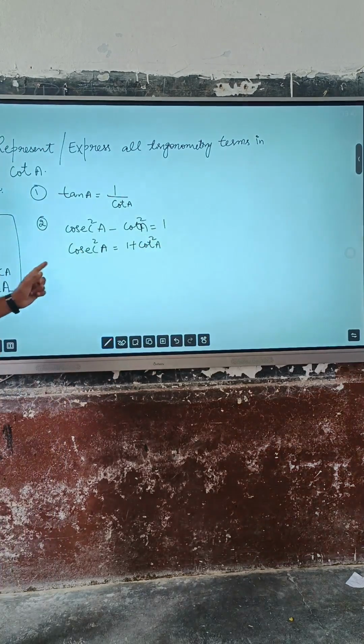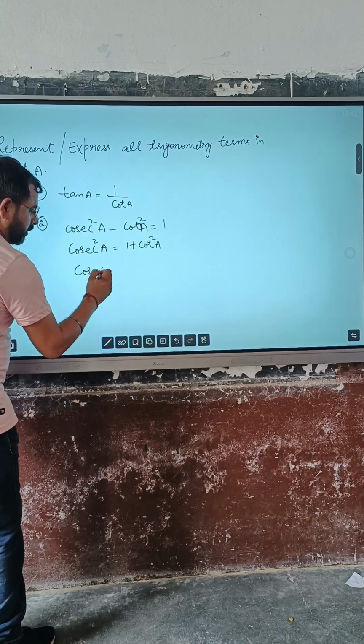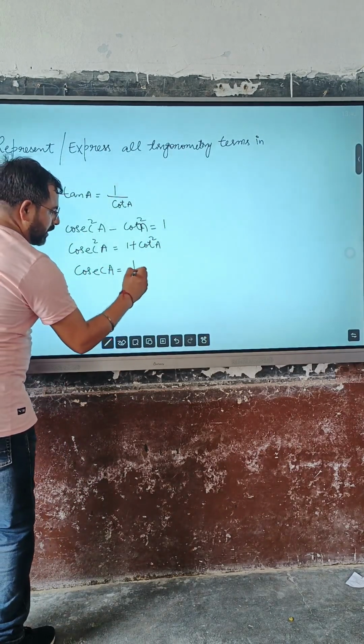But we have to represent only cosecant, not cosecant square, so we take the square root.